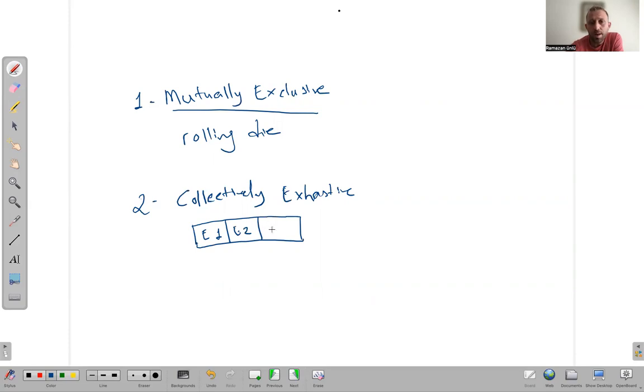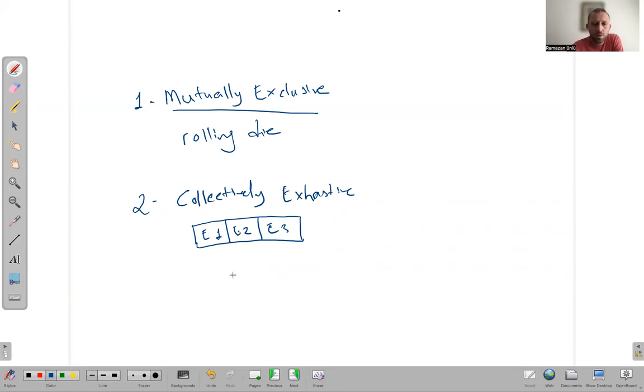And also, I need to have an event 3. So the sample space should consist of all the events. Okay, in other words, the union of the events should create our sample space.